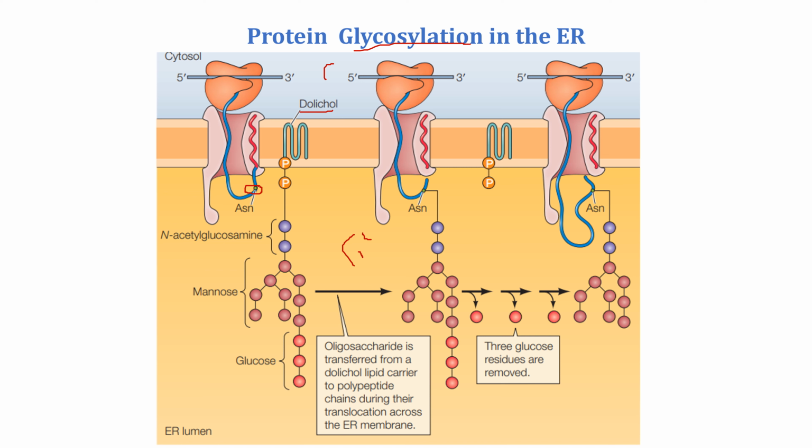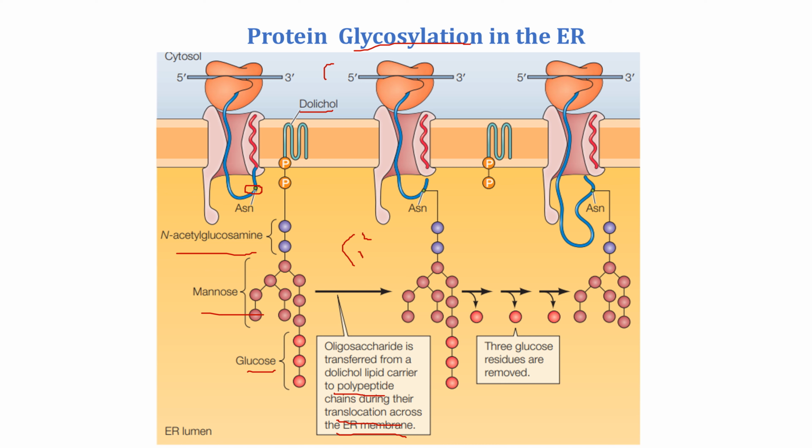The oligosaccharide is transferred from a dolichol carrier to the polypeptide chain during translocation across the ER membrane, while translation is still in process, onto the asparagine.